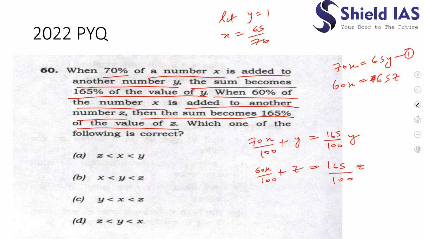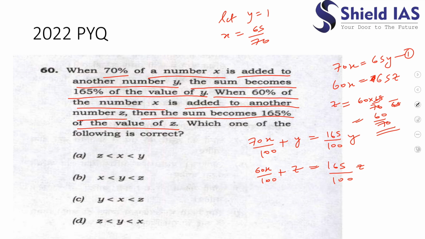This is not the right way to do. If I take y as 1, x would be 65 by 70, and then z would be equal to 60 into 65 by 70 upon 65. So it would be 60 by 70. Okay. So what would be the answer? Is z the smallest or not? I have done some mistake, right?